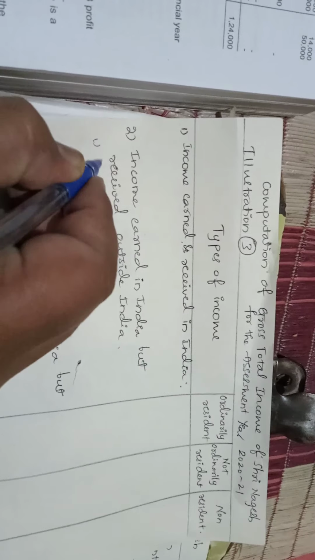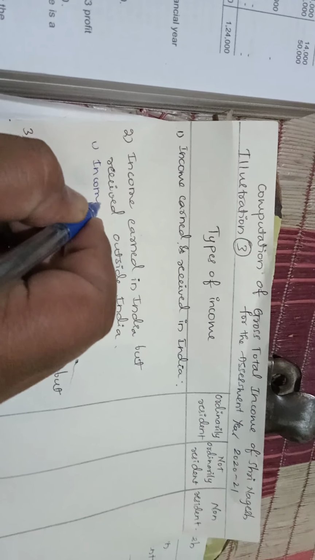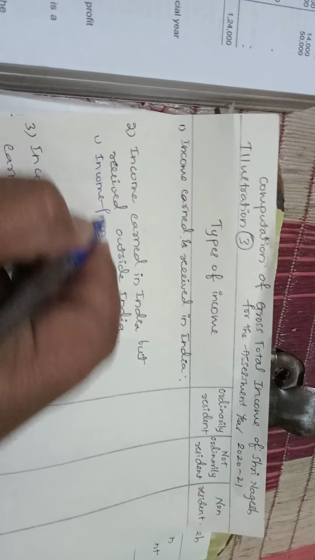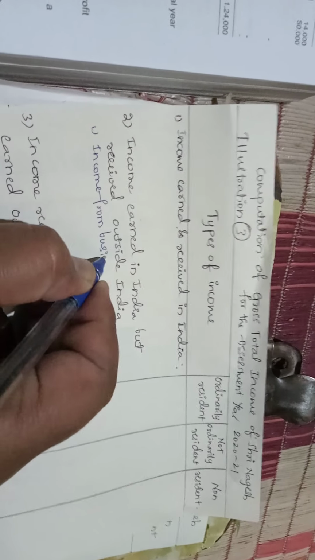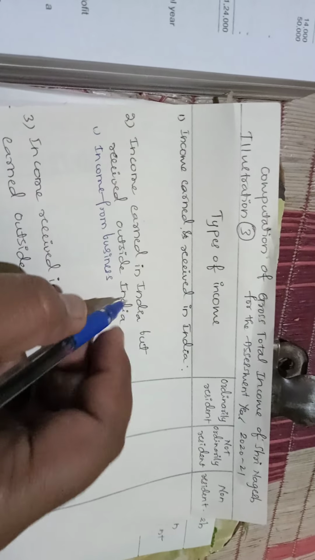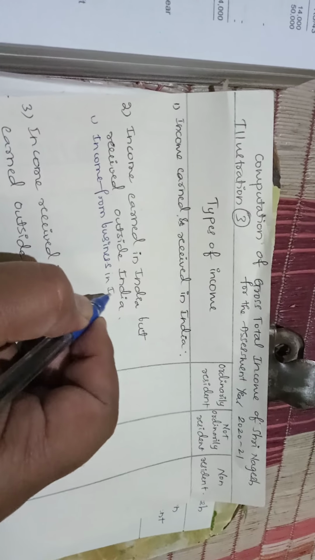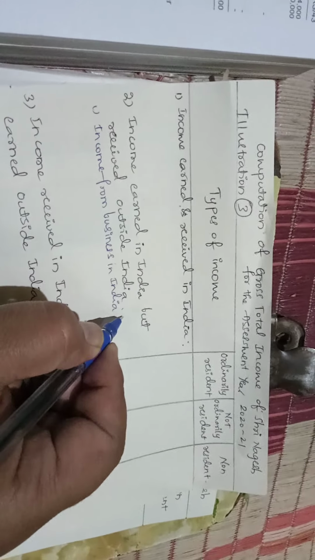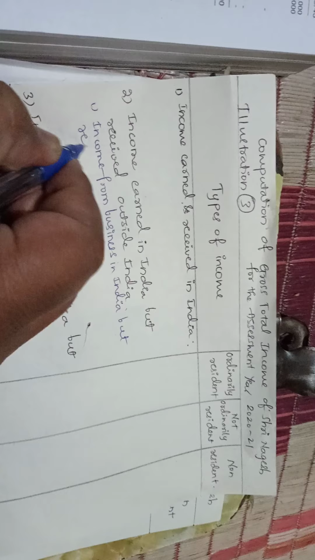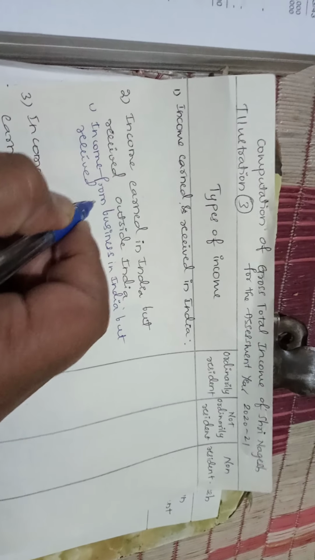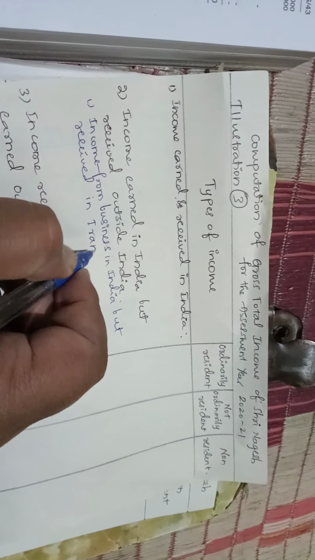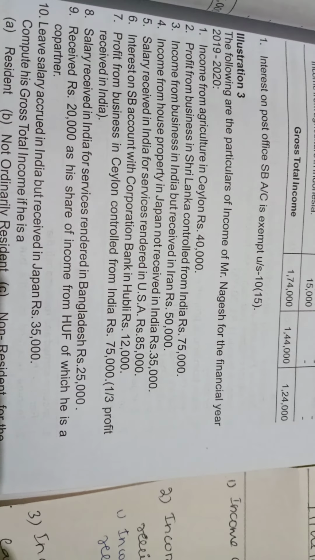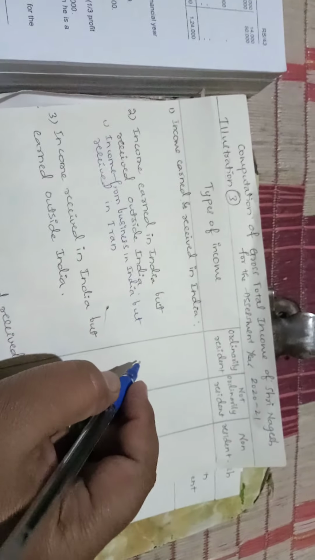So what I am going to write is income from business in India but received in Iran. What is the amount? Amount of rupees 50,000. In these first three heads of sources, all three columns should be taxed.